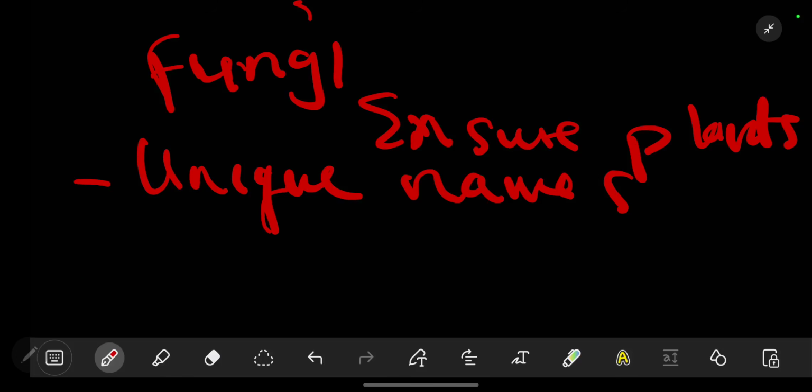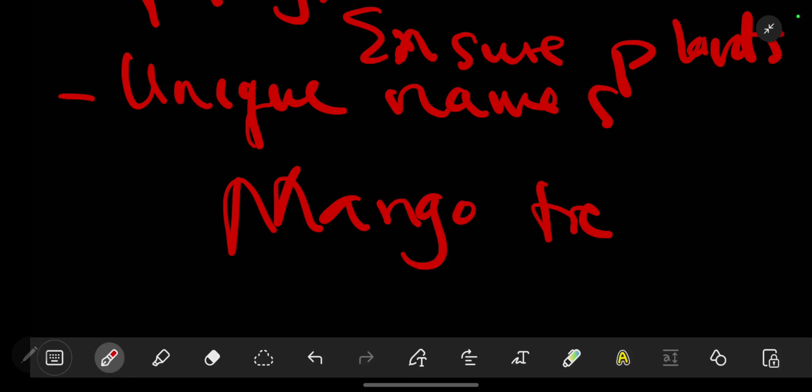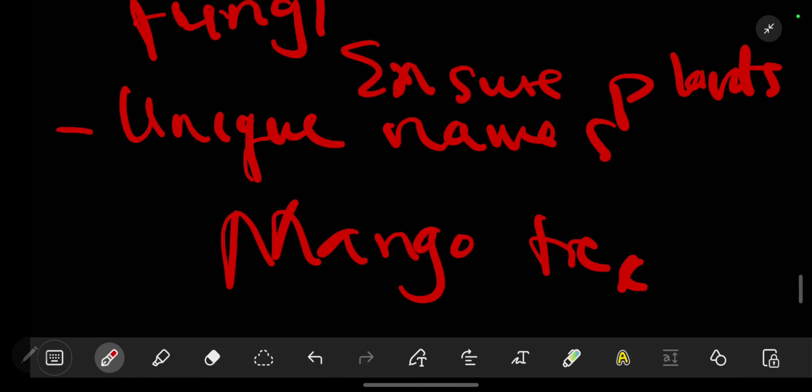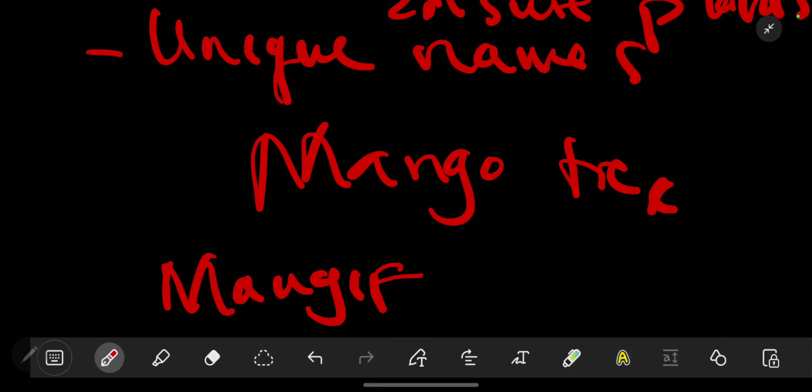For example, if you are looking at the mango tree, when you say mango tree, there are some countries, some scientists to be specific, that will not be able to understand because they don't speak English. So the unique name is what we call Mangifera indica.